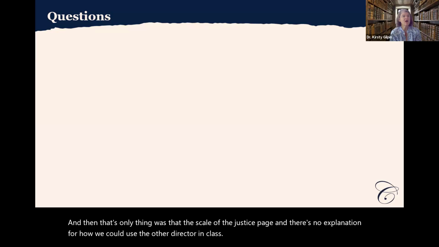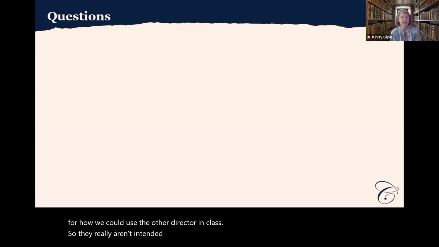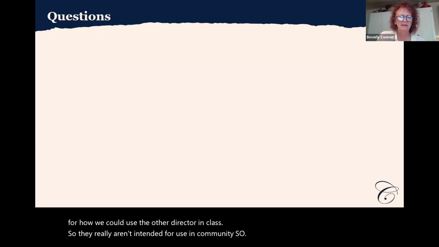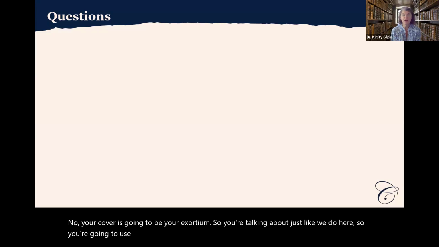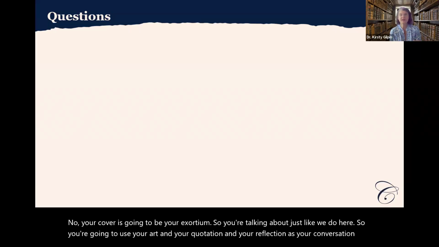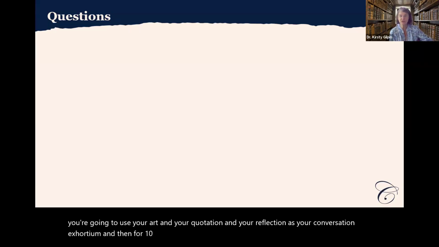So they really aren't intended for use in community. So I thought that was our Exordium page. No, your cover is going to be your Exordium. So you're talking about just like we do here. So you're going to use your art and your quotation and your reflection as your conversation Exordium. And then for 10 weeks, you're going to play National Number Knockout.